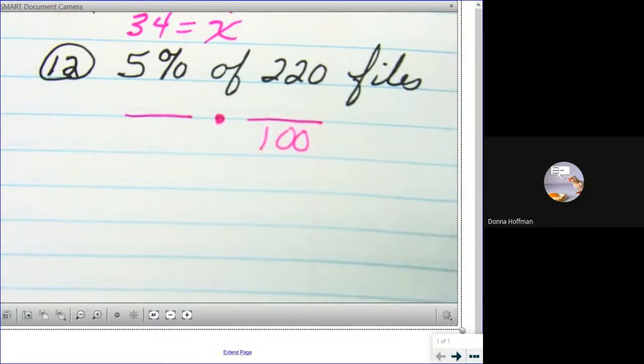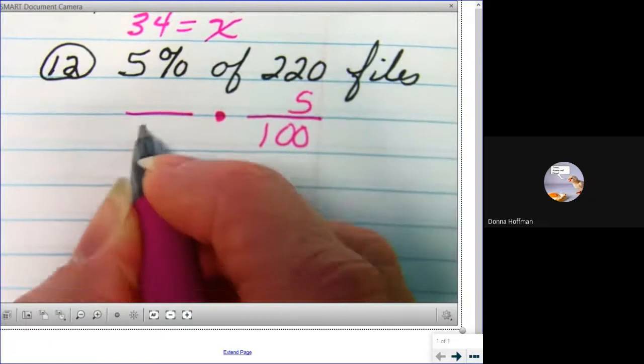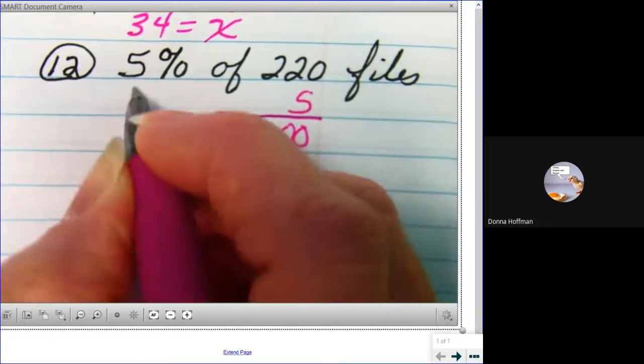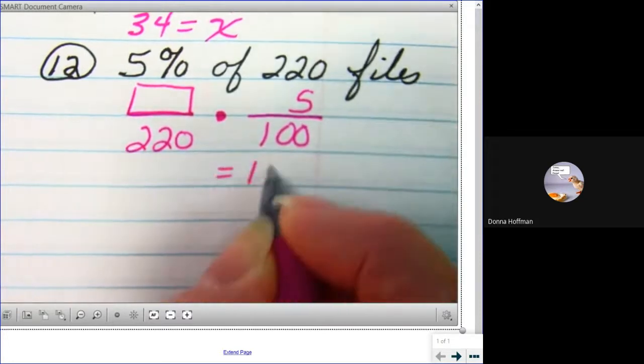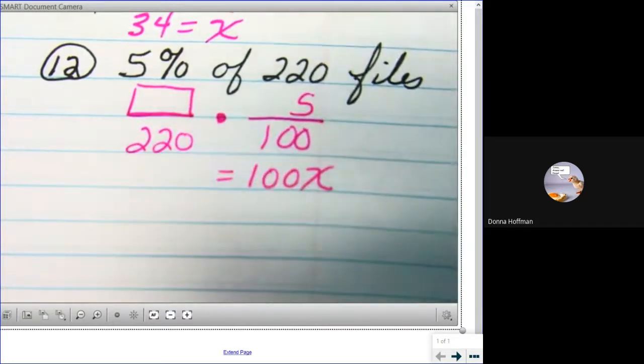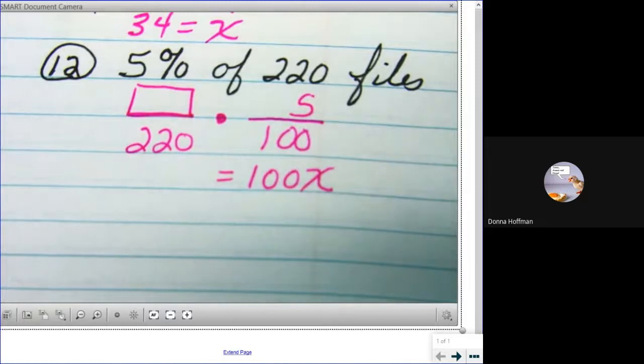I think by now you guys know where to place the numbers, right? Are you writing all this down? Yeah.